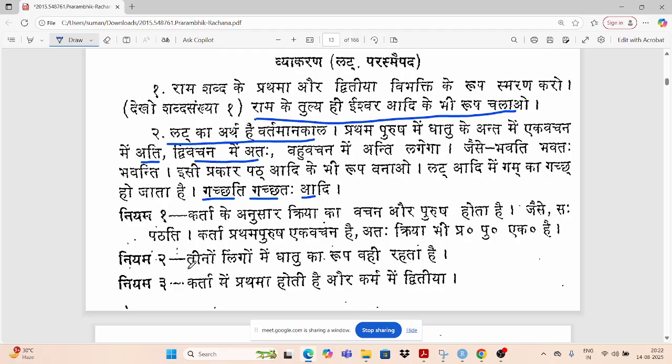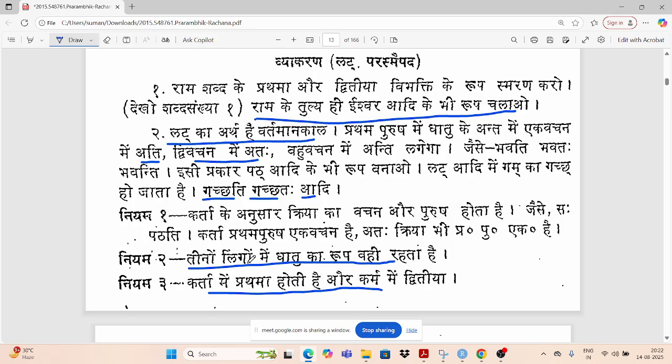This is तीनों लिंगों में धातु का रूप वही रहता है. कर्ता में प्रथमा होती है, कर्म में द्वितीया. This we have already seen. And then we are saying तीनों लिंगों में धातु का रूप नहीं बदलता है. In Hindi we say something like लड़का खाता है, लड़की खाती है. So the dhatu is changing, but in English we say the boy eats, the girl eats.